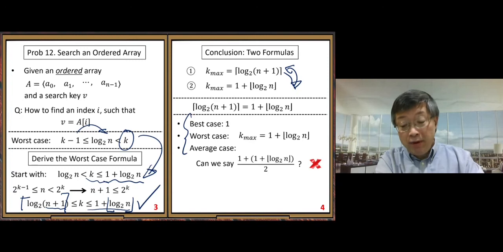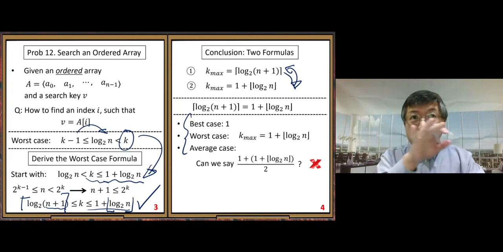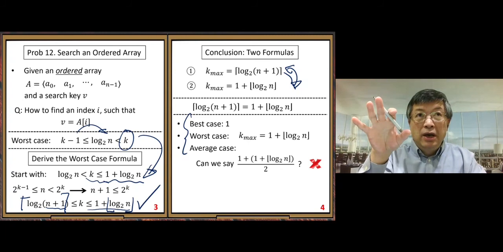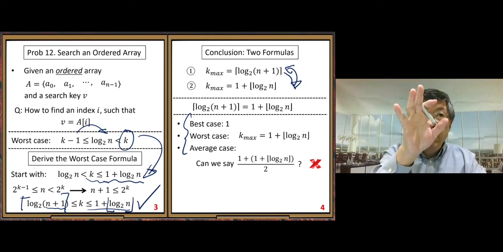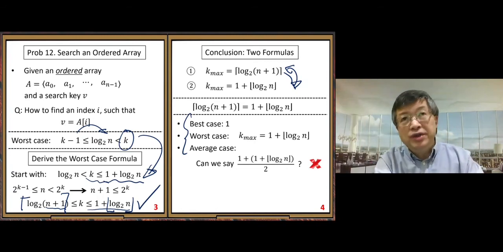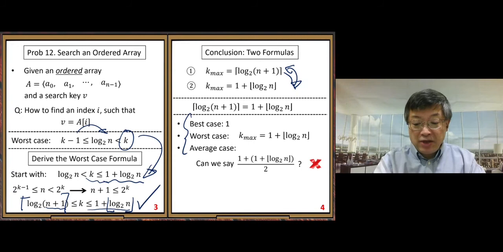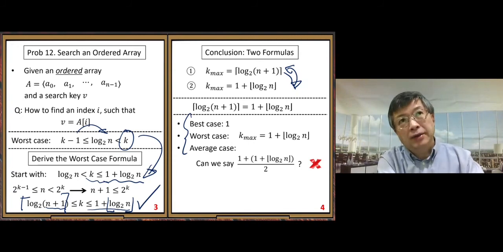The reason is simple, because when we look at the average case, we need to factor in all the possible cases, and those cases occur in different frequencies. So the average cannot be simply the best plus the worst, divided by 2. No, you cannot.